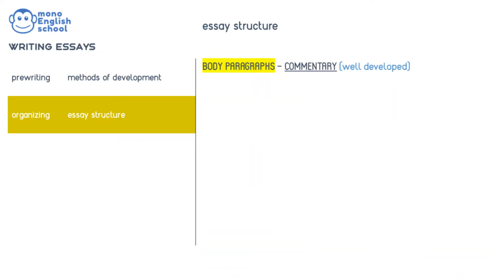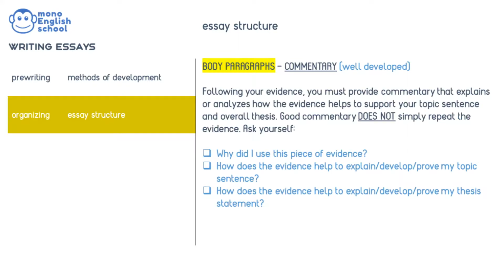Following evidence, we need to provide commentary. Again, this helps to achieve a well-developed paragraph. Commentary is your explanation or analysis of how the evidence supports your topic sentence and overall thesis. Avoid simply repeating the evidence.